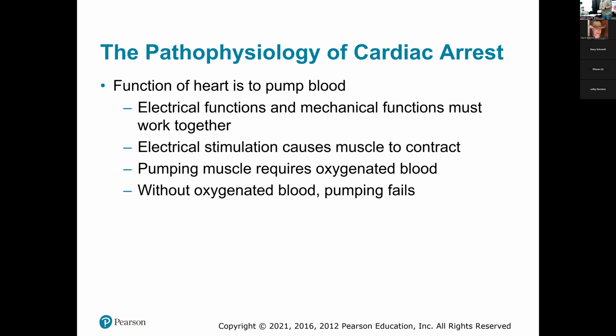So that SA node, if there's a failure in the SA node up here, then the message gets interfered with, doesn't quite make it to the AV node. The AV node's going to take over, and it's going to start firing down through the septum to the Purkinje fibers and out through the heart.